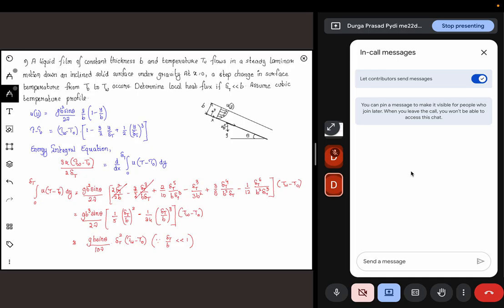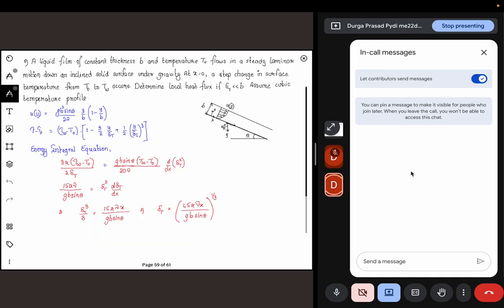Now that I have the RHS and LHS, I'll equate both the terms. So that will leave another 2 here.